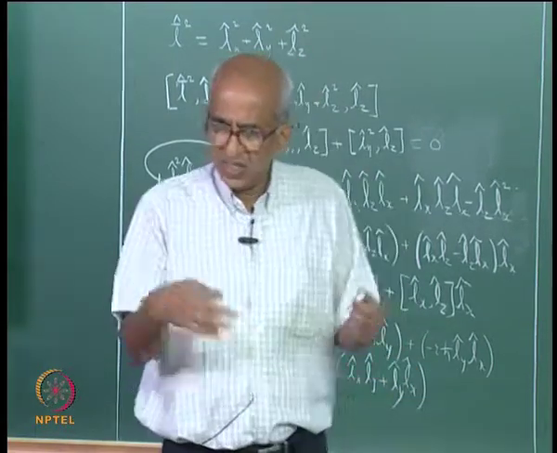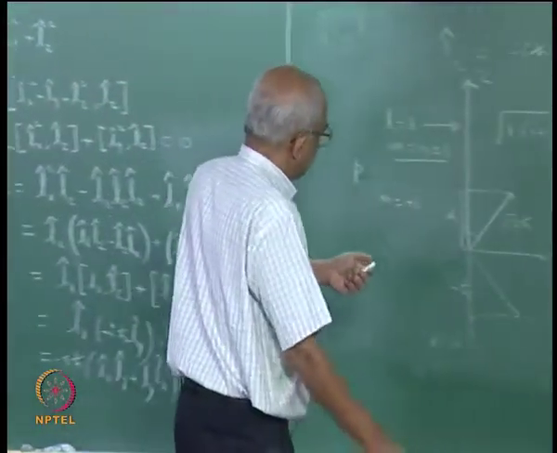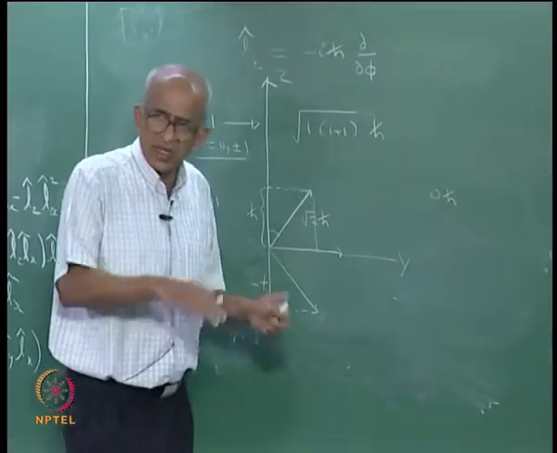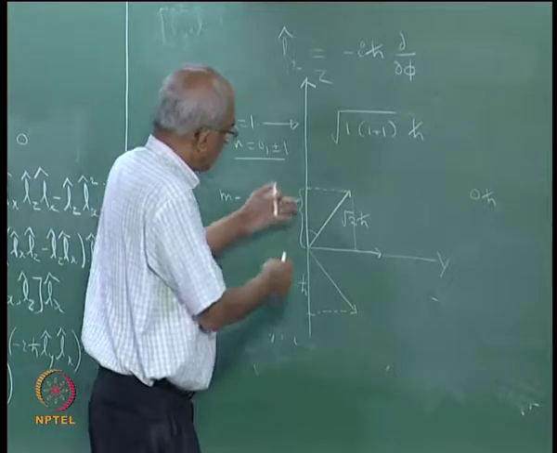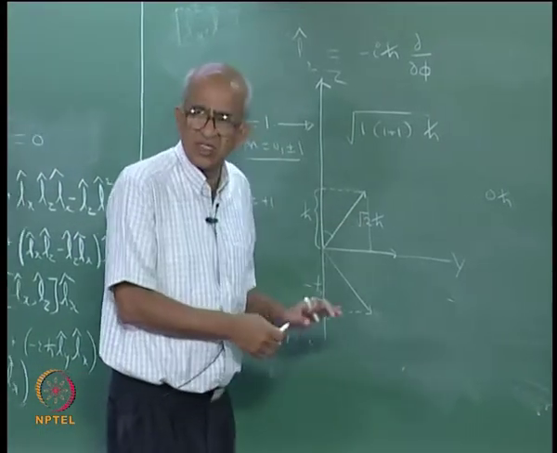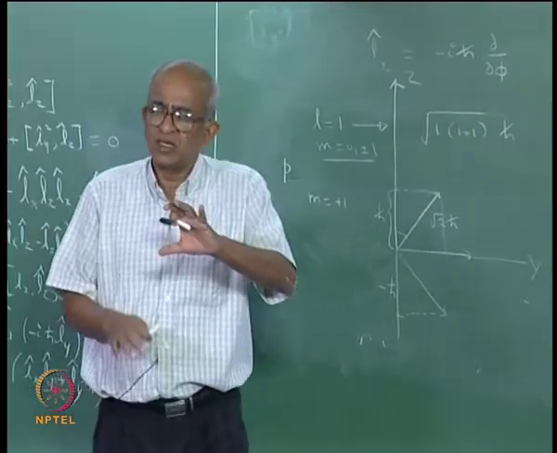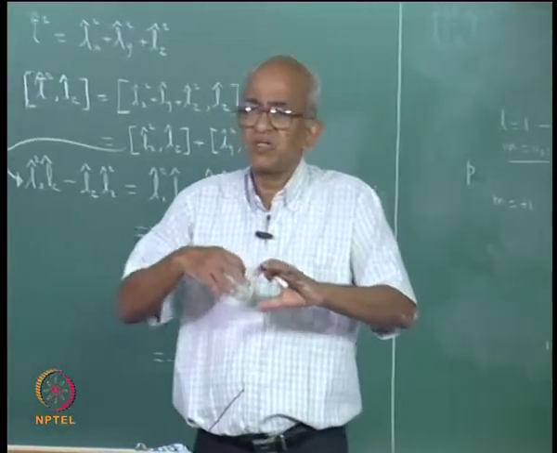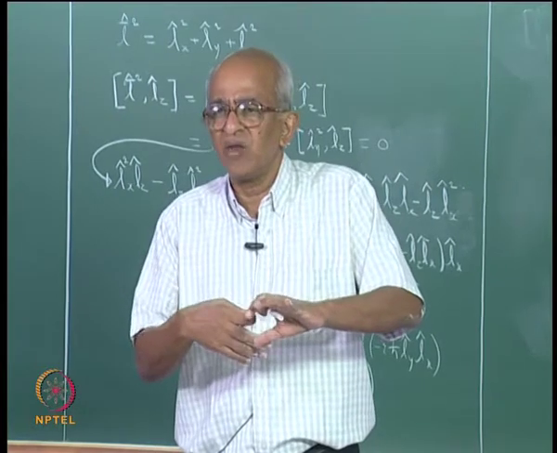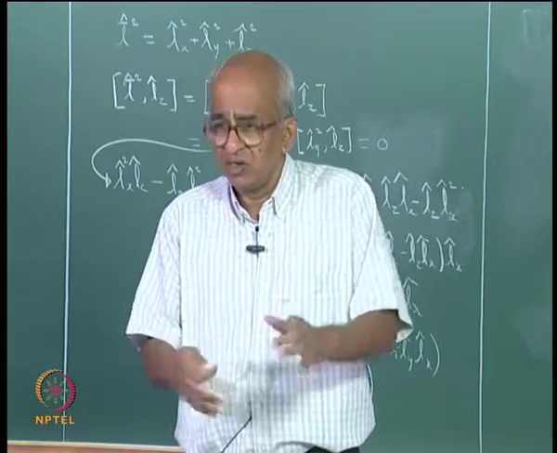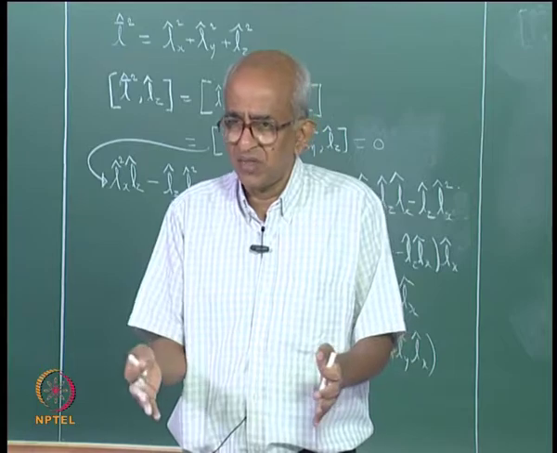So here, the value of Ly can be anything, and you can only specify the value of Lz and the length of the vector. Unfortunately, it is not possible to specify the value of Ly, neither of Lx. Why? Because the operators are not commuting.